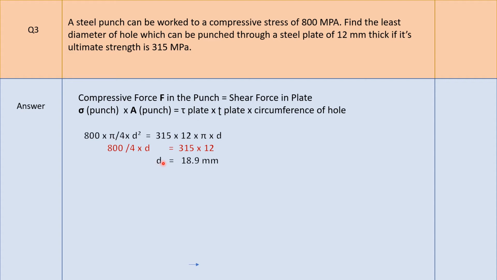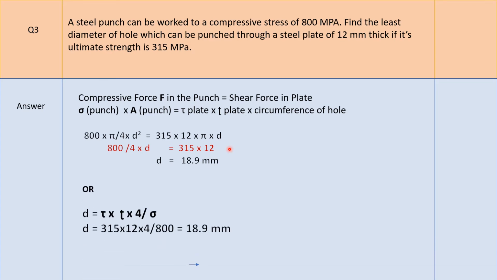If you calculate d, 315 into 12 into 4 divided by 800, the 4 here will move to the other side and the 800 will come in the denominator. That will give you d is equal to 18.9 mm.